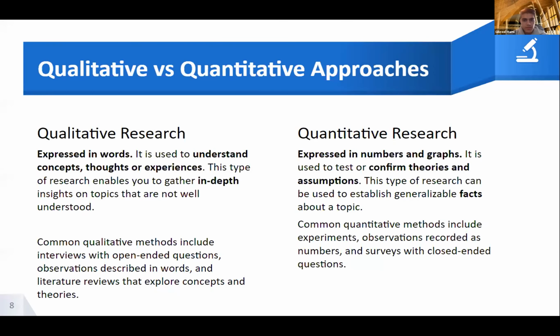And next one's about qualitative versus quantitative approaches, as you all have definitely heard of. These are just the two major research paradigms. And basically quantitative research condenses observations into data for the purposes of analysis for an objective perspective.